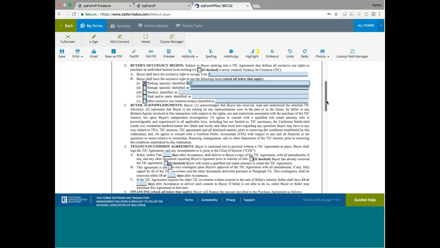The buyer represents that buyer is not relying on any representation now, in the past, or in the future by seller or any broker's agent involved in the transaction with respect to the rights, use, and restrictions associated with the purchase of a TIC interest, but upon buyer's independent investigation.